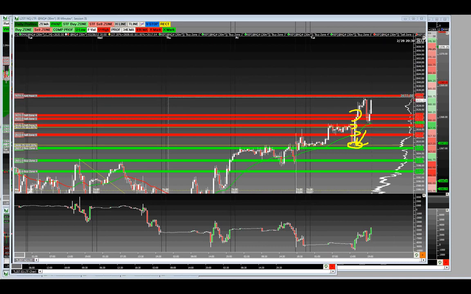But at the same time, remember, when the market trades, volume will build. So this market, NASDAQ, for example, has traded into new territory. It's never traded up here before. But at the same time, we've got a low volume area up here, a low volume area down here. So they will establish themselves.